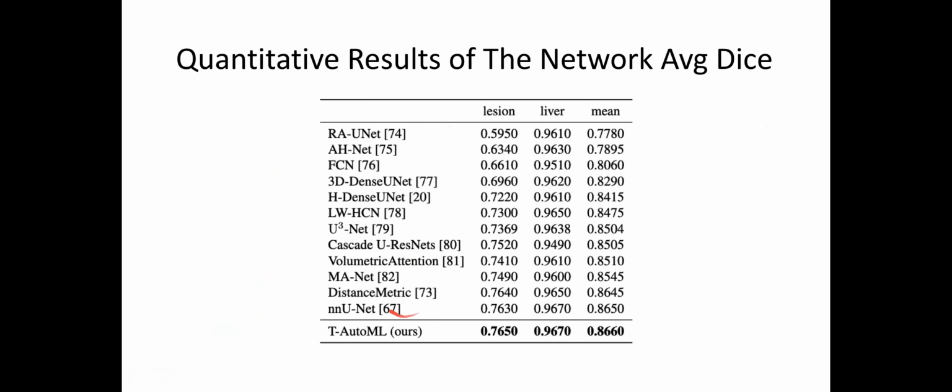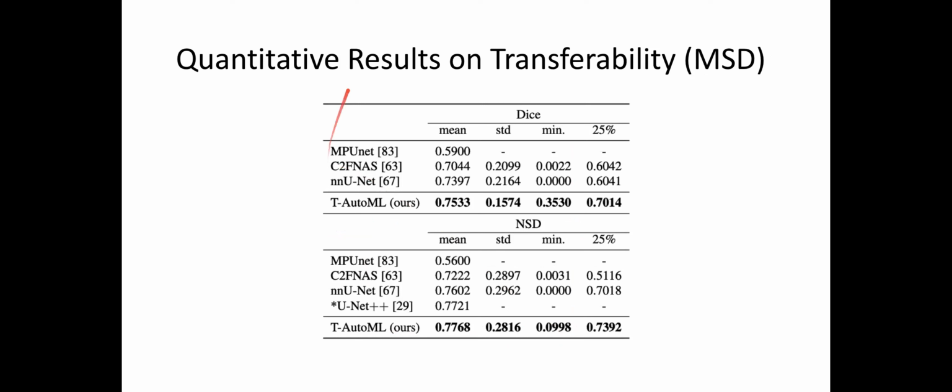And if you see the results on the data set, this one has almost overcome nnU-Net, UNet3+ and also Dense U-Net. You can see that on lesion segmentation their dice score is this following value, and for liver the following value. Almost against every other network, they are having very good results here.